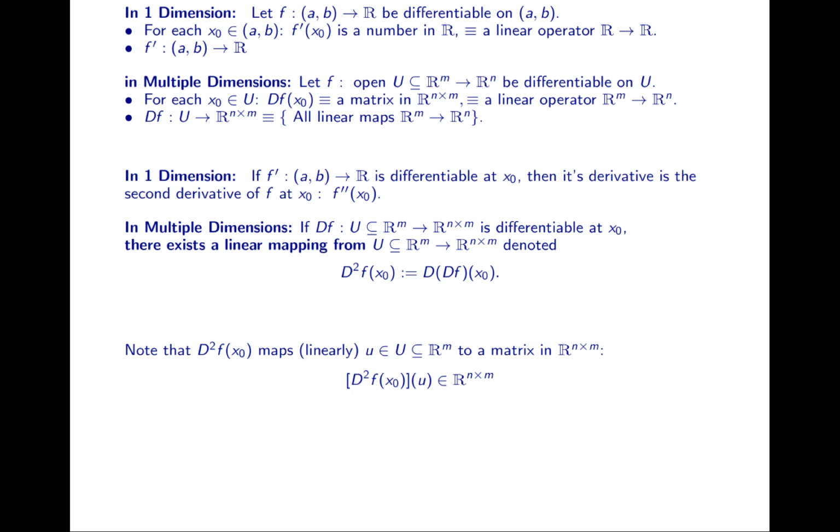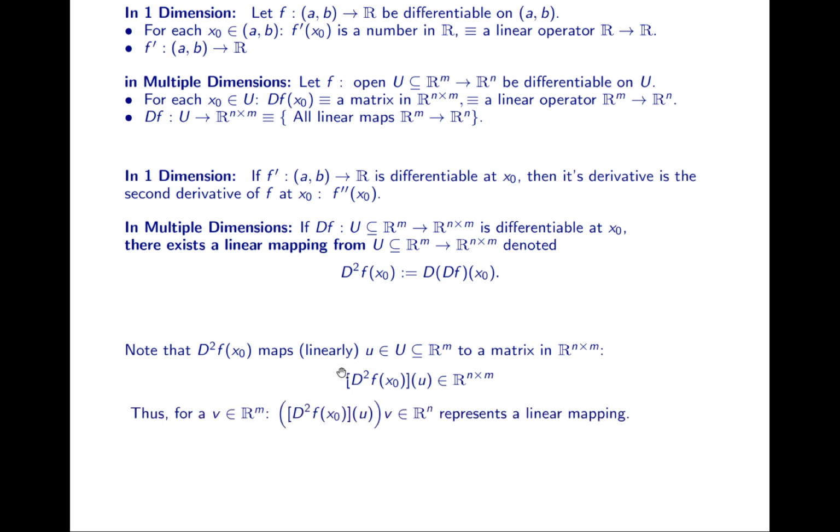It maps U in the domain, which is in R^m, to a matrix in R^(n by m). In other words, the derivative at x naught maps U to a matrix of size n by m.